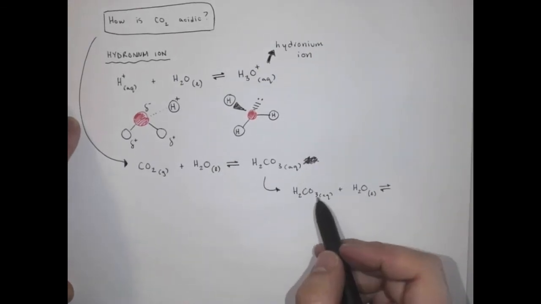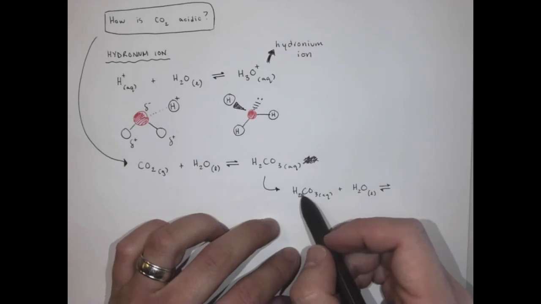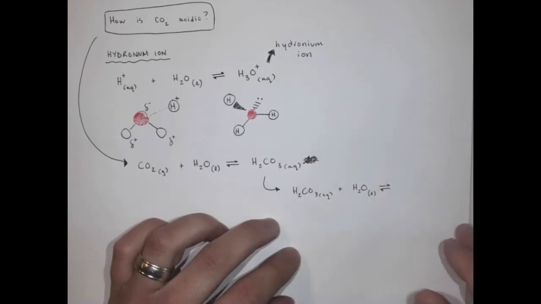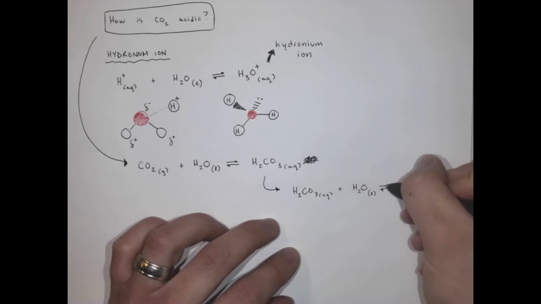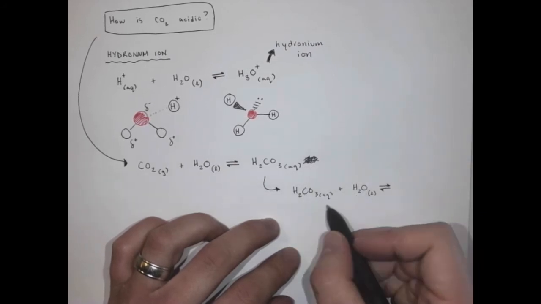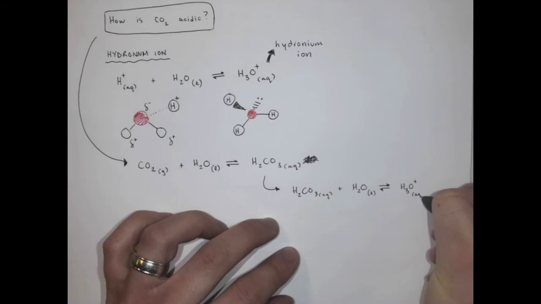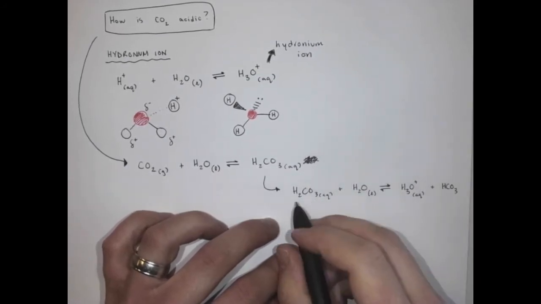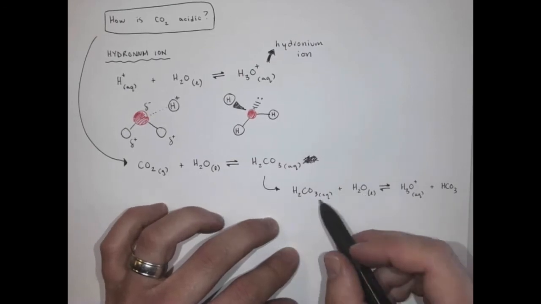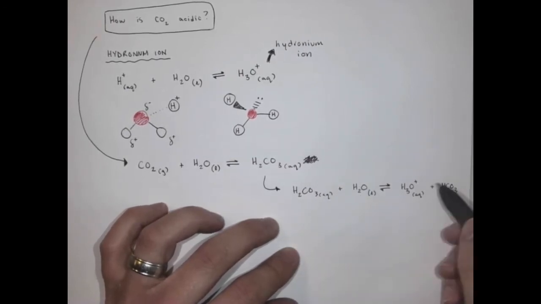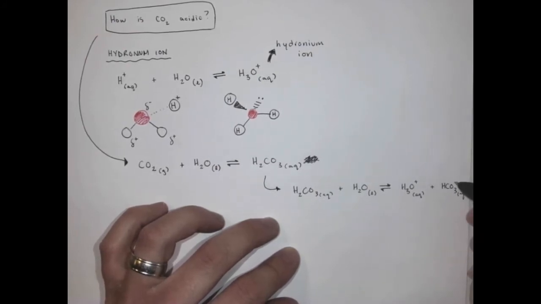This time, carbonic acid, instead of just giving its hydrogen ions and the hydrogen ions existing just by themselves in solution, those hydrogen ions react with water to form a hydronium ion. So it's like the carbonic acid loses that hydrogen ion, goes and reacts with water to form hydronium ion, and then we form an anion of carbonic acid over here.